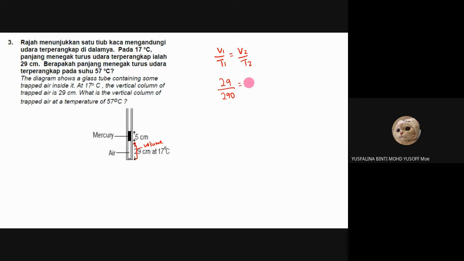And this one is V2, also 330 here. So you just cross multiply: 29 times 330, divide by 290, so you will get 33 centimeter cube. Make sure you don't forget to put the unit for every calculation.